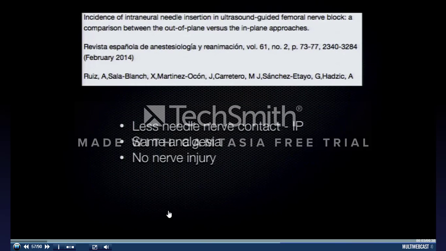Admir Hadzic and Sala Blanco did a study looking at the comparison about intraneural or potential intraneural injection, but actually it was more looking at nerve contact, because the study obviously wasn't big enough to show nerve injury, but they looked at small things like paresthesia, nerve contact, and they found that there was less nerve contact with an in-plane technique, and that's really because as you pop through the fascia iliaca, you obviously had a little bit of lack of control and could potentially have a lot of nerve contact or overshoot into the femoral component.